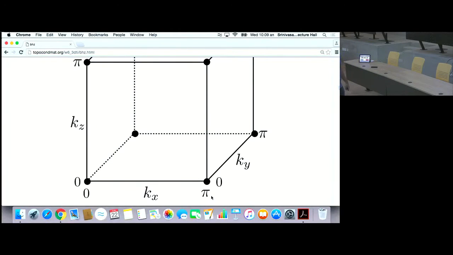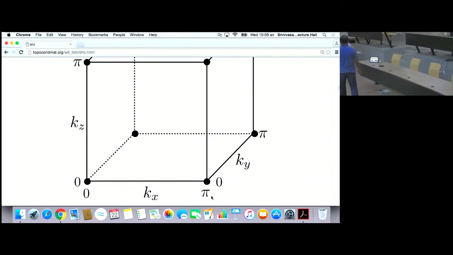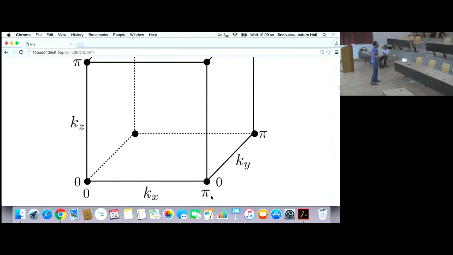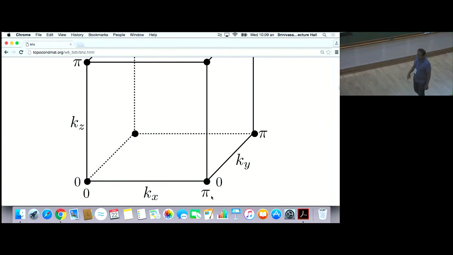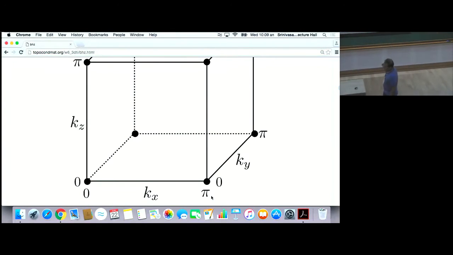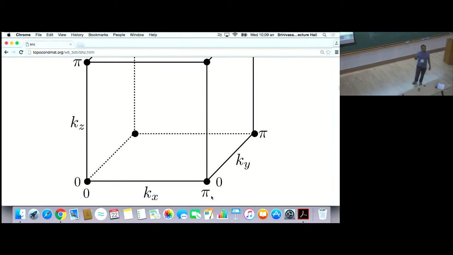So in 2005, Kane and Mele wrote their paper about the two-dimensional system. And that was kind of interesting, but then actually I was a grad student at Berkeley and we were all excited, but 2 doors down from my office, Joel Moore was asking the deeper, more interesting question.